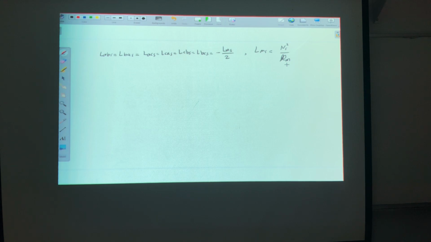So let's try to find the LSR. If you remember, lambda ABCS due to the rotor can be written as, here the current is what? Which current am I discussing here? The rotor. So this will be IAR, IBR, ICR.